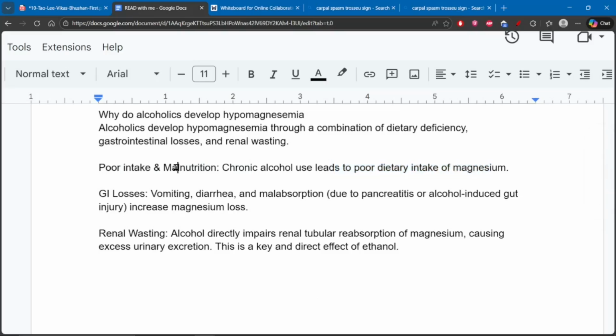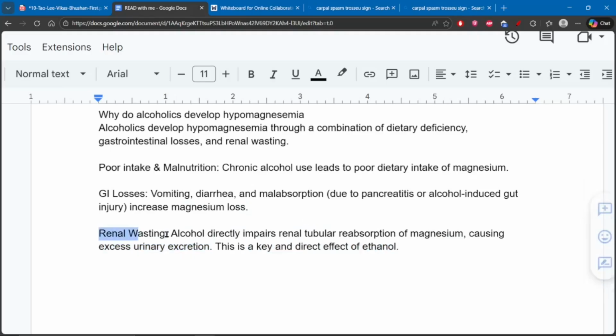So this is one factor, but not that important. What is important is that due to the constant vomiting, diarrhea, and malabsorption that occur due to chronic intake of alcohol, they lose a lot of magnesium, right? And also, alcohol directly impairs renal tubular reabsorption of magnesium, causing excess urinary excretion. So this is a key and direct effect of ethanol.